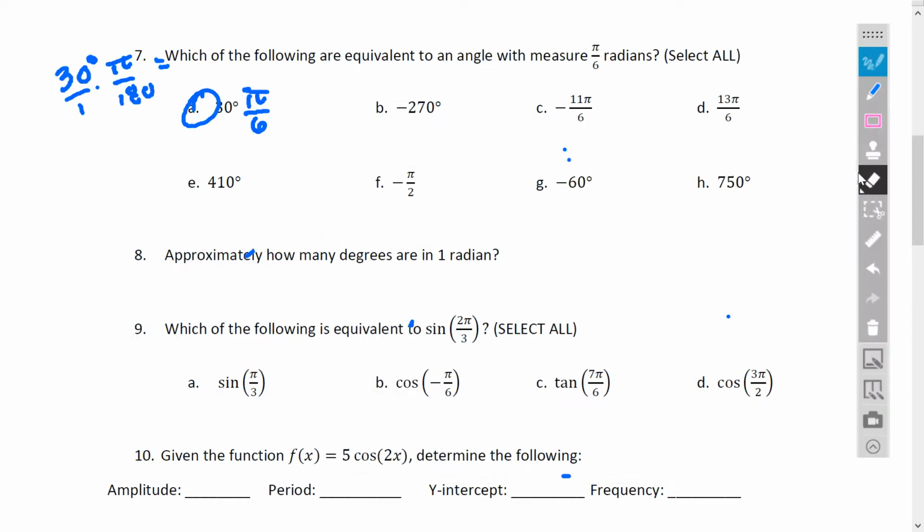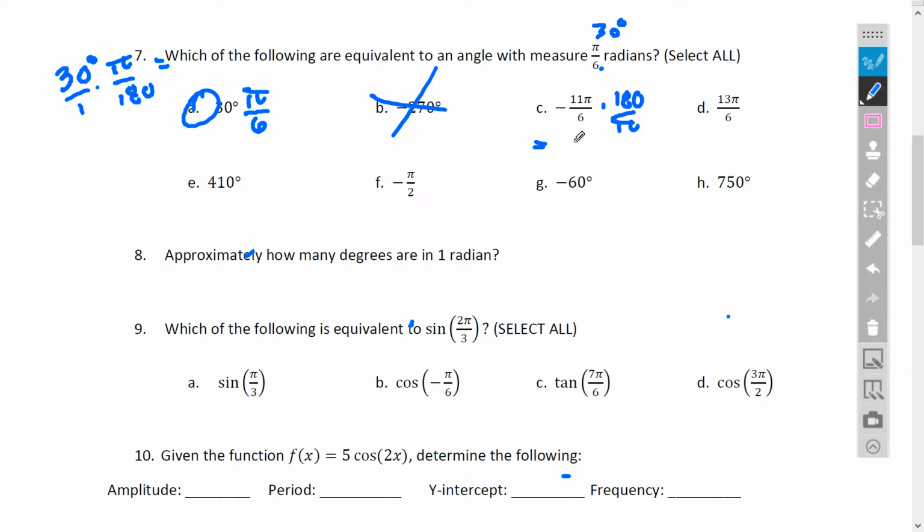Negative 11 pi over 6. So pi over 6 is a 30-degree angle. So we can check these comparing it to either this or this. So negative 11 pi over 6. Let's multiply this by 180 over pi to get the degree measurement. So 11 times 180 divided by 6.